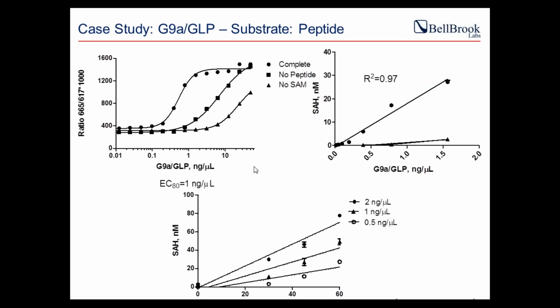The SAM concentration was 200 nanomolar in all for this enzyme. So you can see that the complete reaction indicates SAM plus the H3 peptide. The square indicates no peptide, and then this is just peptide by itself and no SAM.